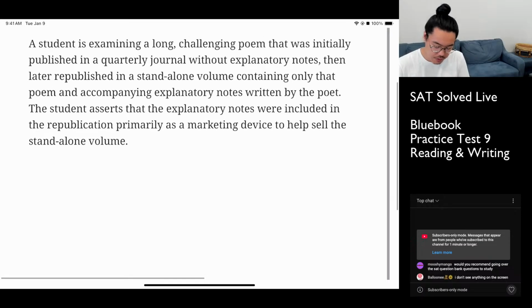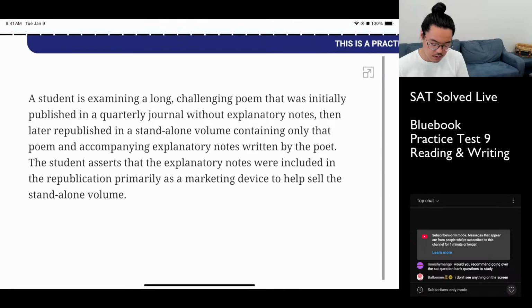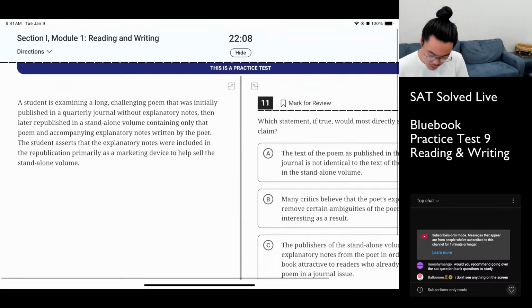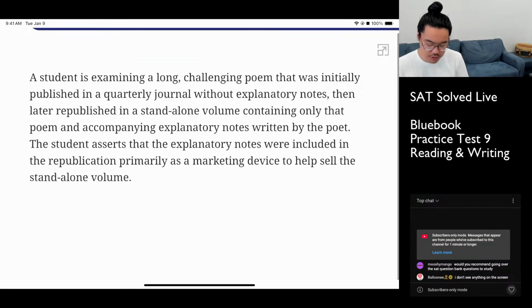All right, because we're trying to say, hey, you should buy. Basically, when you have notes by a good scholar, that improves the experience of reading that poem, especially if it's a hard, long, challenging poem. So, what statement would support the claim of the student, which is that it's primarily a marketing device?